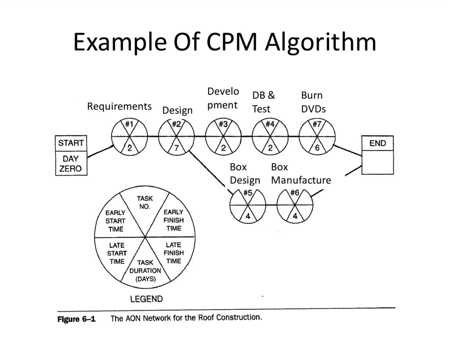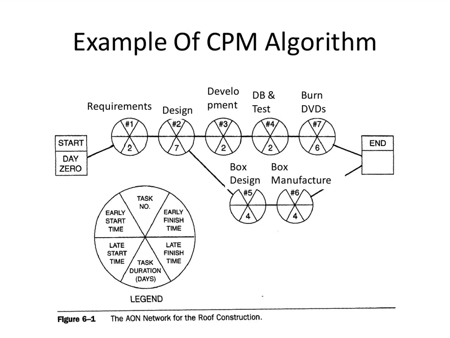Or vice versa. Node 4 from node 6. Okay, so the algorithm is comparatively simple. I want to emphasize what we did here at 2 key points. Number 1, at this join point here, we took the maximum of the early finish times of the 2 things that fed into it.